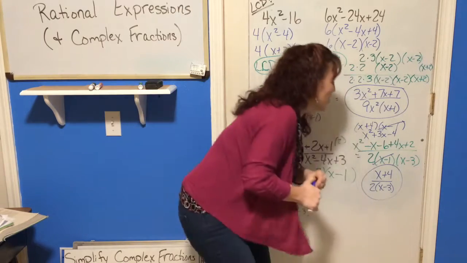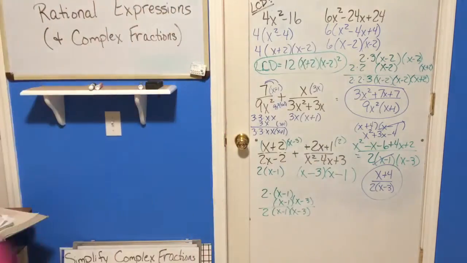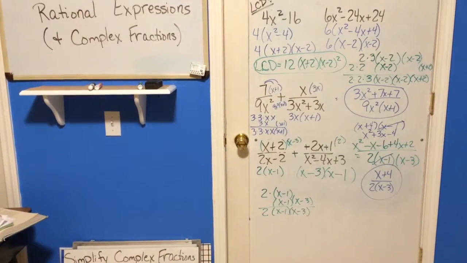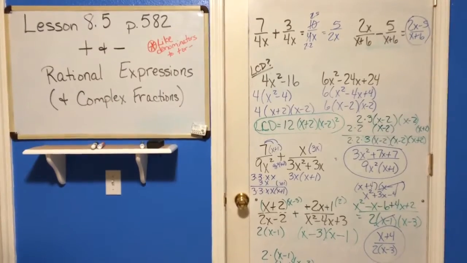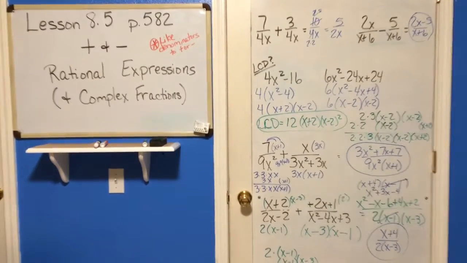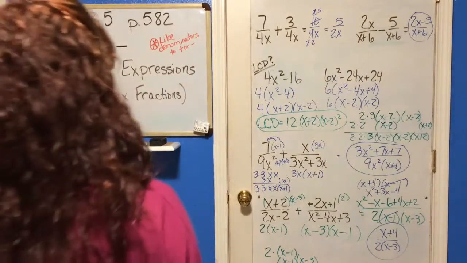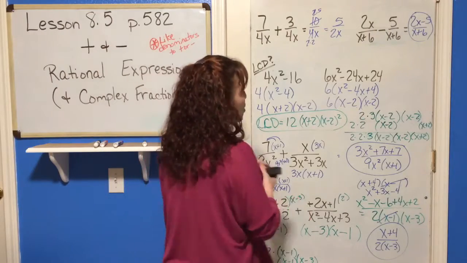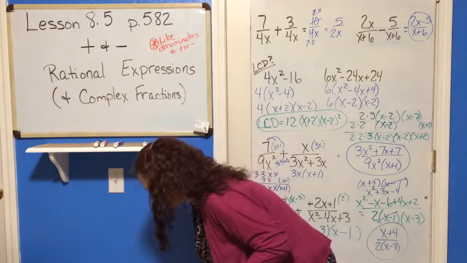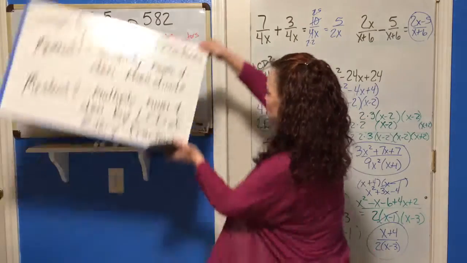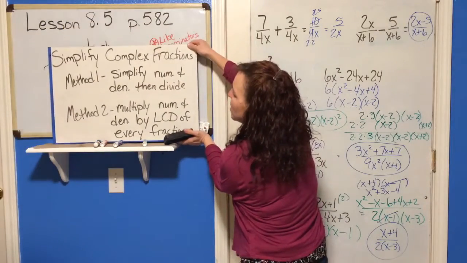Okay. The reason I'm swinging through this so quickly is because I think you've added and subtracted fractions before. So it's the same type of thing, it's just more complex. And speaking of complex, let's simplify some complex fractions, which you might have already done before.